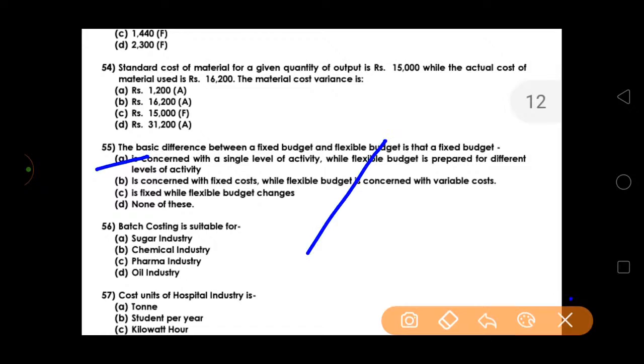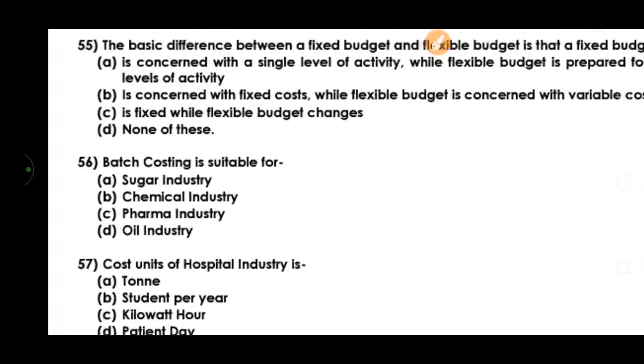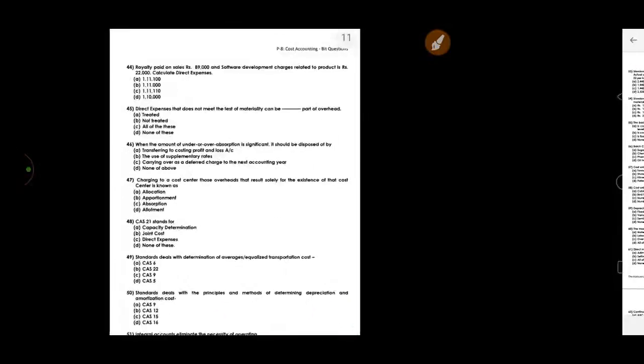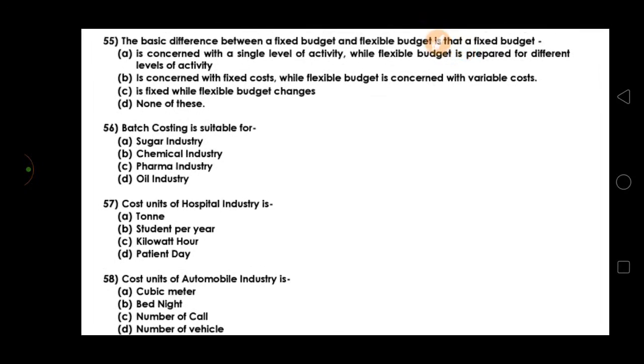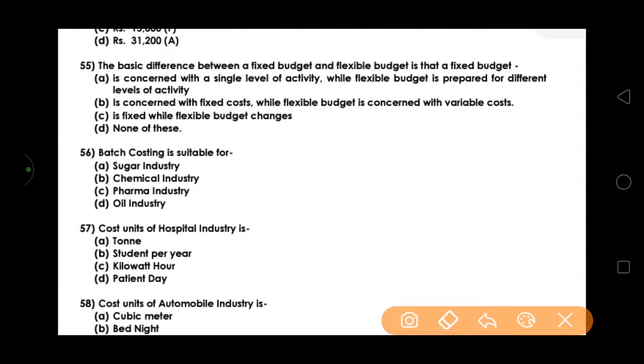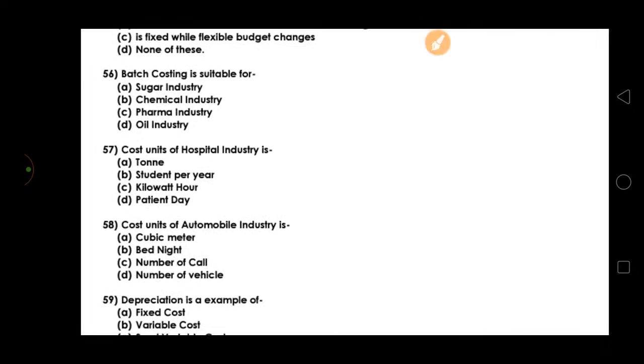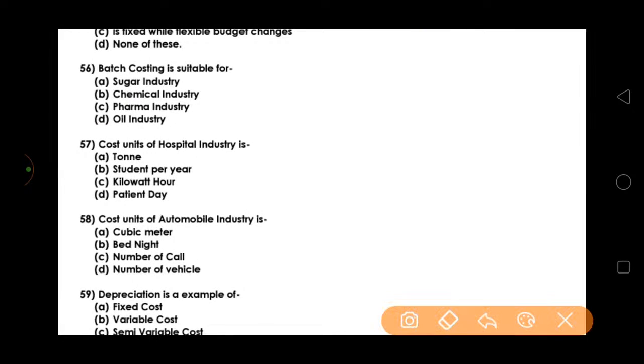So next one, 56th question. Batch costing is suitable for pharma industry. Cost unit of hospital is patient per day.